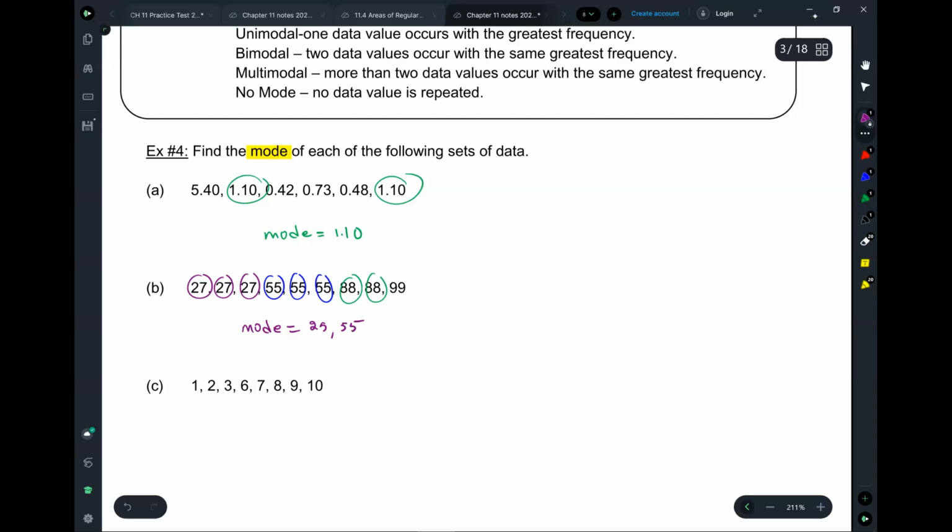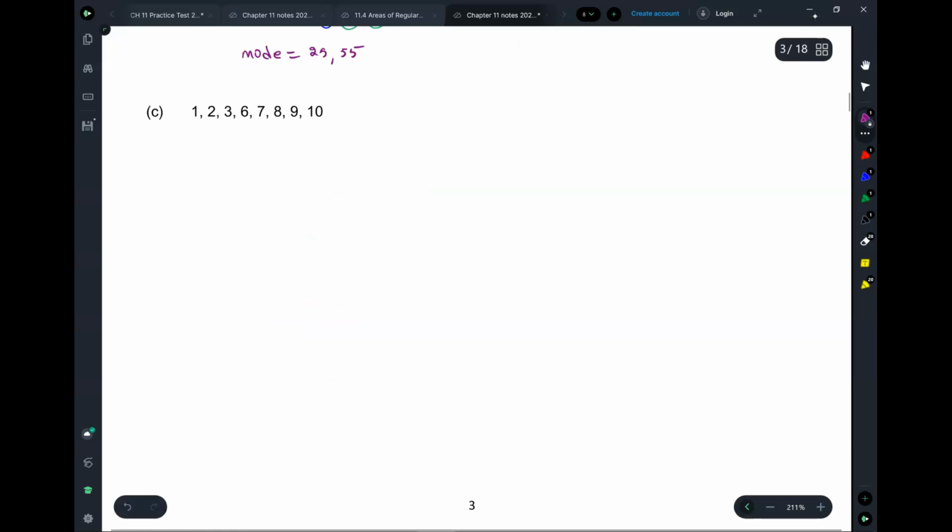If you are also asked whether this data is unimodal, bimodal, or multimodal, you would say this is bimodal. That term is going to come up again when we do histograms later on. So we're just getting introduced to the vocabulary right now.